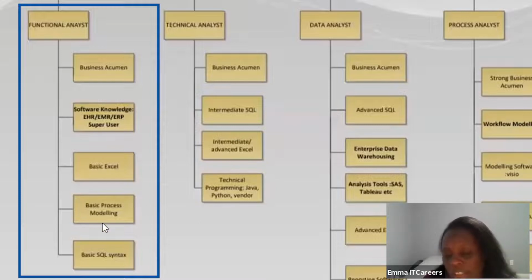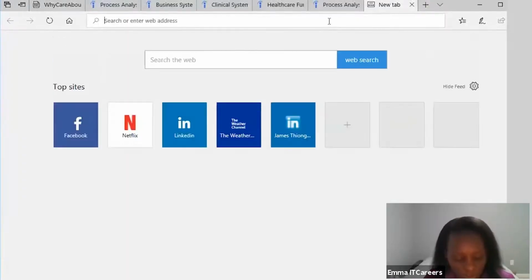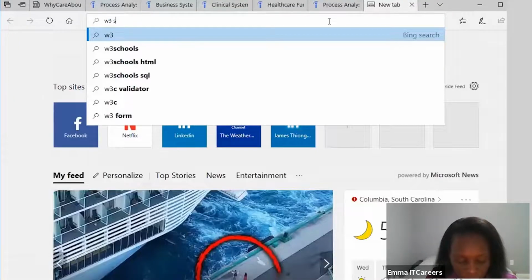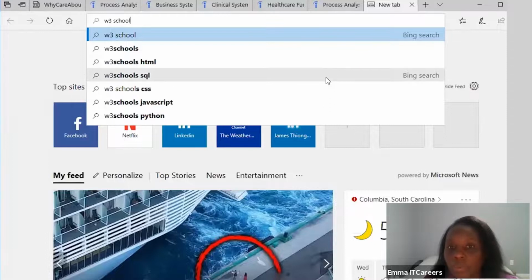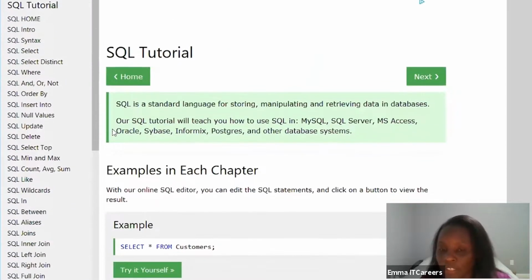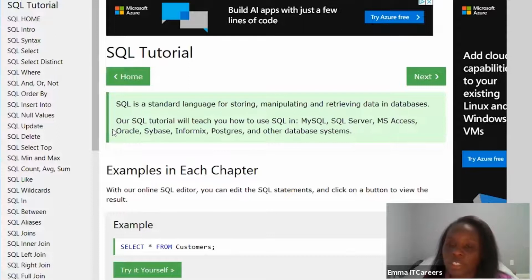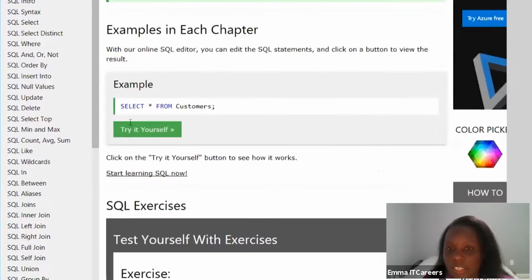The next thing that you will need to understand is basic SQL syntax, which is as simple as a website called W3 Schools. Honestly, when I was starting out, this is what I used the most. You're not in the database as a functional analyst. All you need to know is the basic statements, like select from.